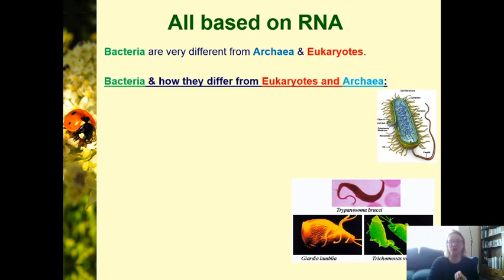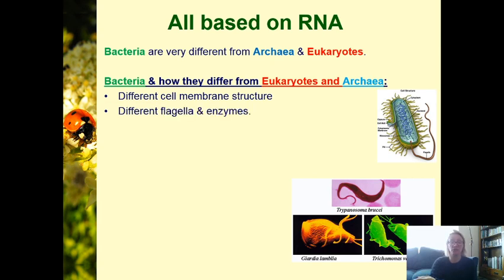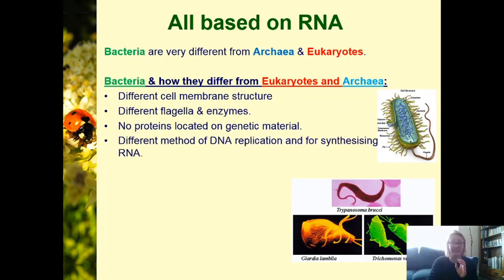And we now know that bacteria are very different from both the archaea and the eukaryotes, so they need to be in separate domains. They're different in a number of ways. They've got a different cell membrane structure, different flagella and different enzymes. They've got no proteins located on their genetic material, so it's naked DNA. Their DNA replication method is different.